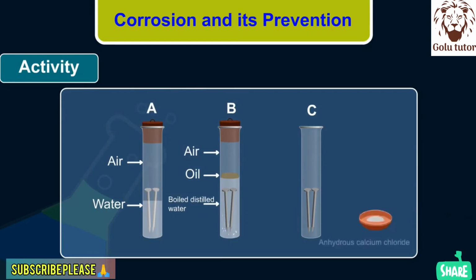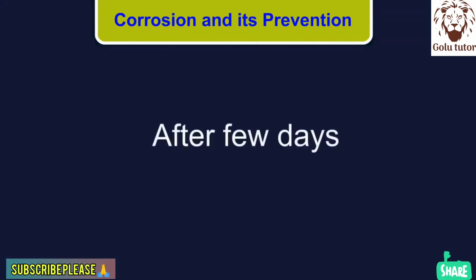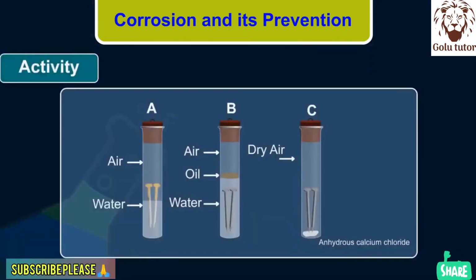4. Put some anhydrous calcium chloride in test tube C and cork it. Anhydrous calcium chloride will absorb the moisture, if any, from the air. Leave these test tubes for a few days and then observe.